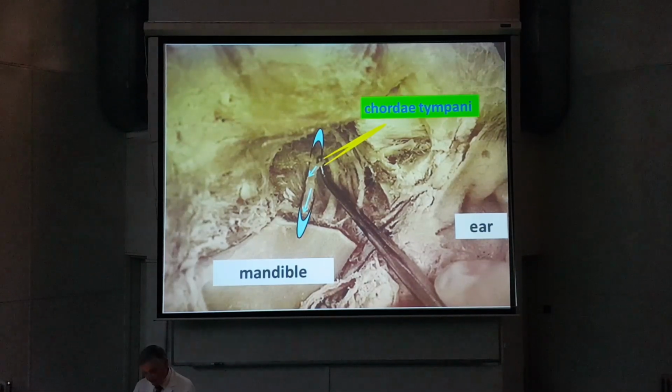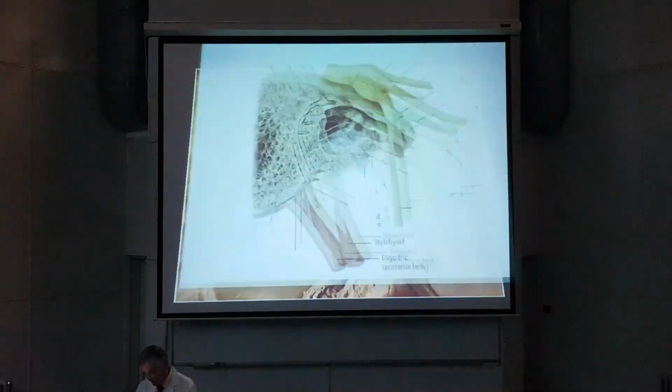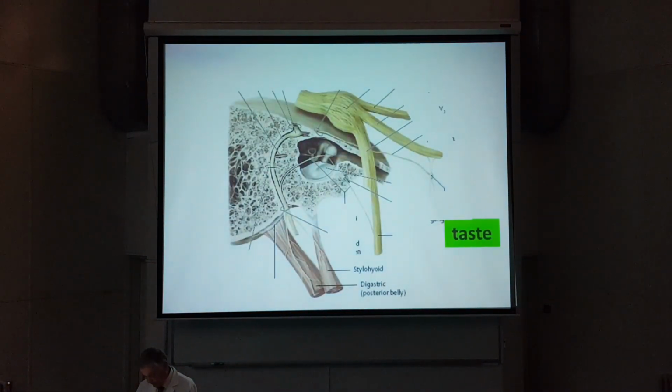That's the parasympathetic coming down, and taste through the lingual is carried by the chorda tympani. So, two modalities run in the chorda tympani. It's the parasympathetic going towards the mouth, and taste from the tongue carried in the opposite direction. So taste goes through the chorda tympani in the middle ear and joins the facial nerve.